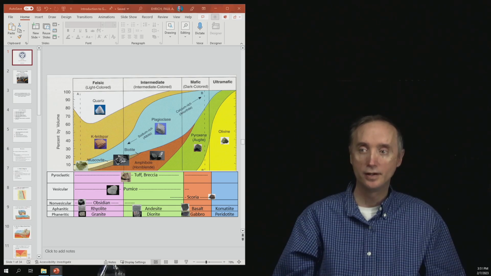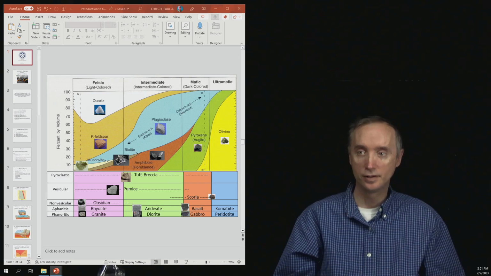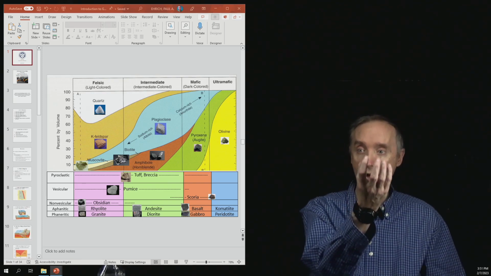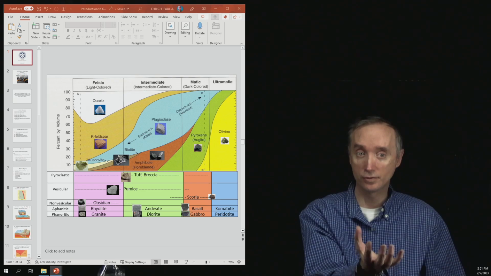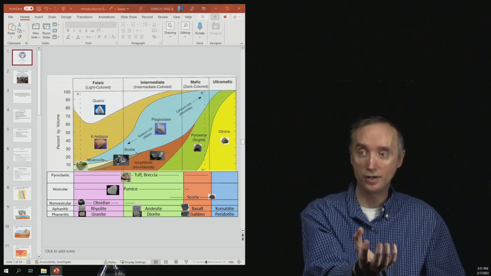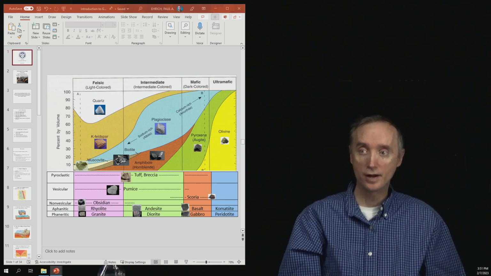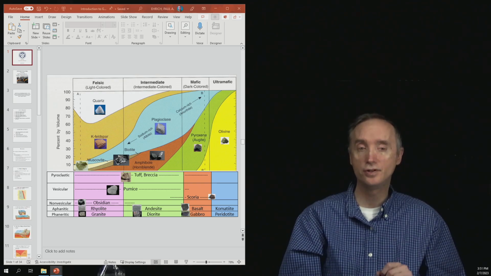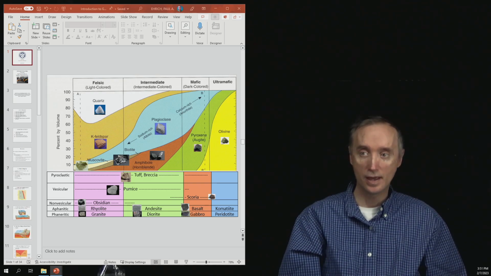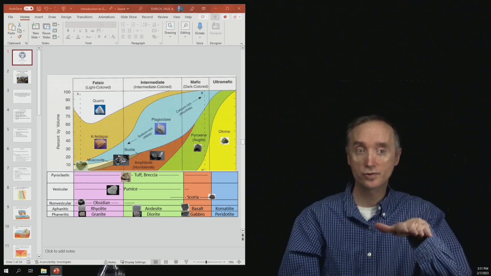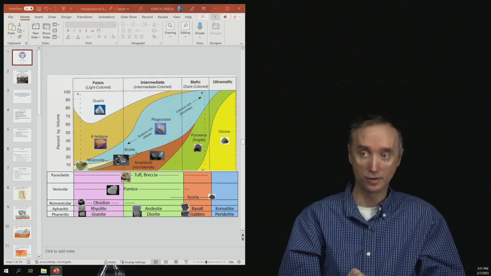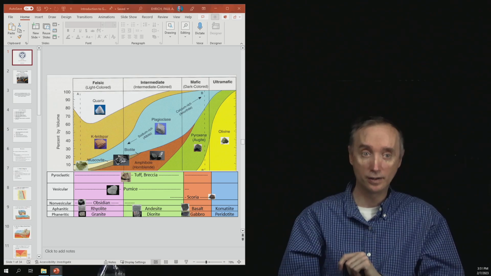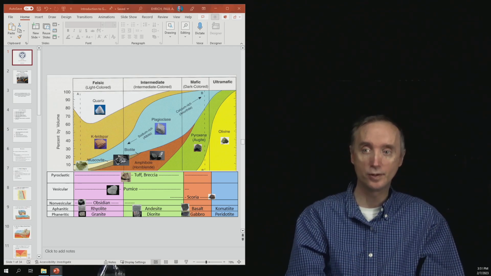Do you remember that phaneritic means you can see the crystals in it, and that meant it formed under the ground. So deep underground is where you get granite. On the other hand, aphanitic means you don't see the crystals, and that means it formed near the surface or on the surface of the earth. So that's going to be the rhyolite. So that's the difference between those two.